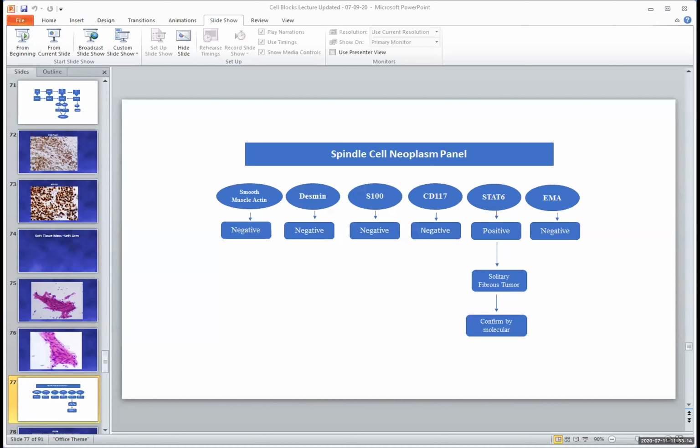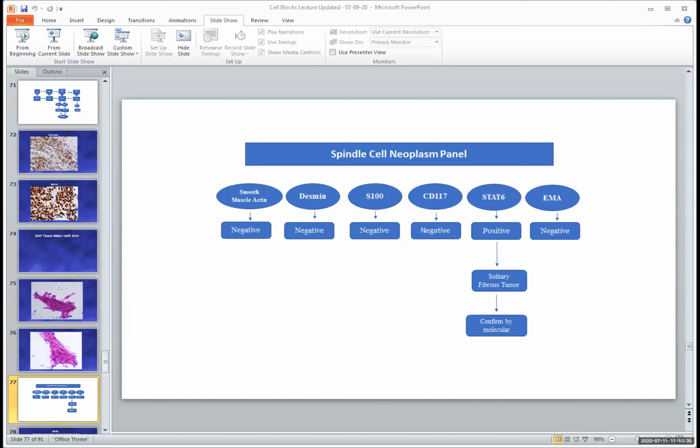So let's use that spindle cell neoplasm panel. Smooth muscle actin, desmin, S100 protein, CD117, all negative. STAT6 was positive. And therefore, the preliminary diagnosis based on this was that we were looking at a solitary fibrous tumor.